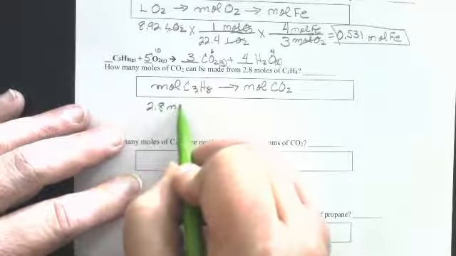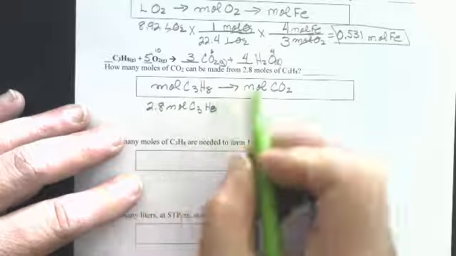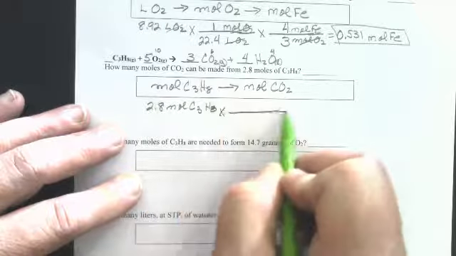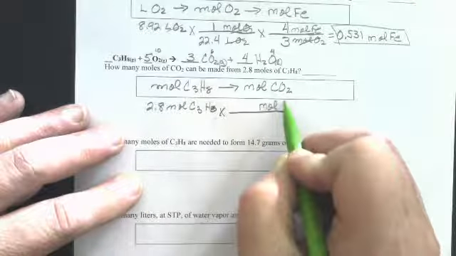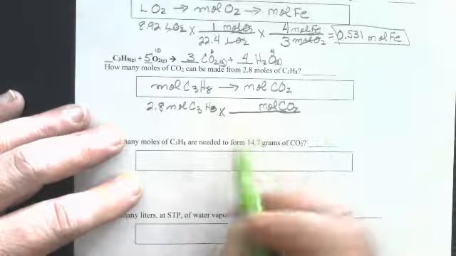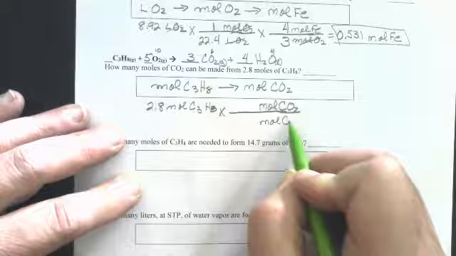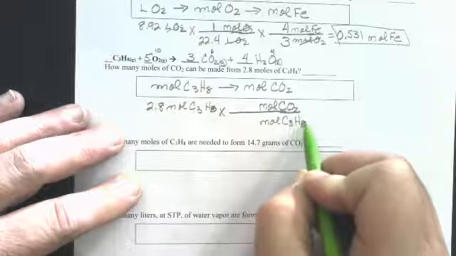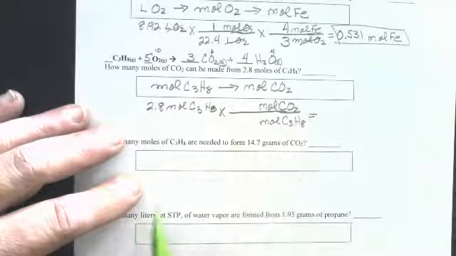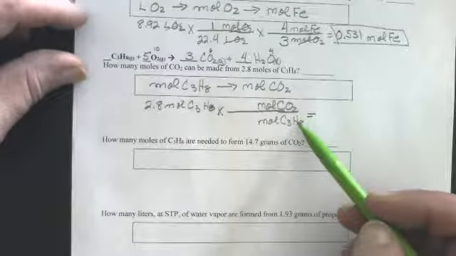Write a conversion factor. Moles of carbon dioxide will be the top of that conversion factor. Moles of propane comes down and becomes the bottom. Now, I have moles of one substance, moles of another substance. That sends me to my balanced equation. Moles of propane, there's nothing there, so that's 1.